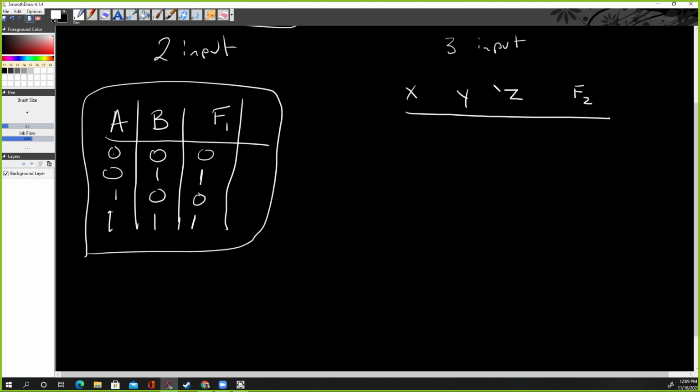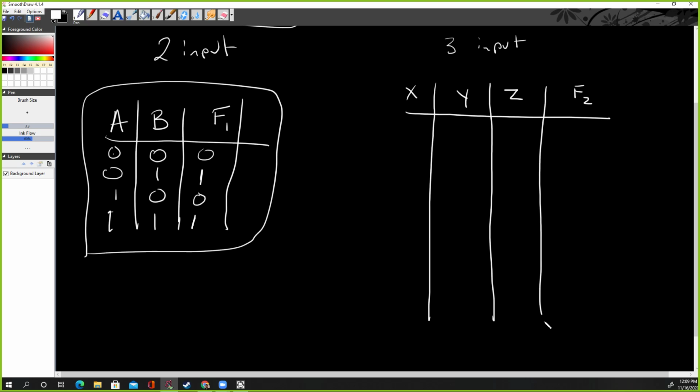Let's put a line, let's put a line, let's put a line, and a line. And here we go. This first one on the far right, look at the pattern. 0, 1, 0, 1, 0, 1, 0, 1. Should be 8 terms. 1, 2, 3, 4, 5, 6, 7, 8.